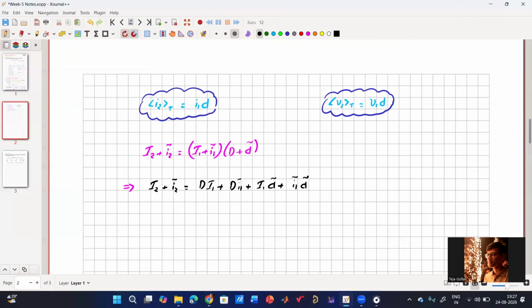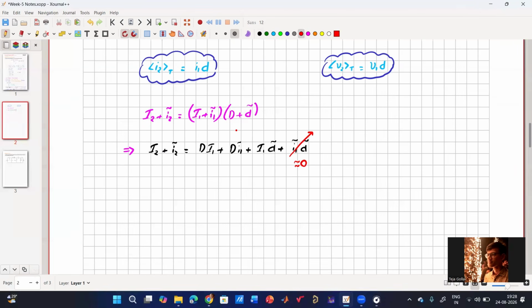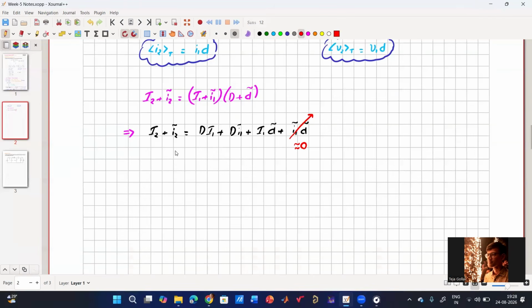Tilde is a small term, a very small perturbation. If I'm multiplying two small terms, it will be much smaller. So this is another approximation that we make: we consider the second order or higher order terms to be 0. As you see, we are making multiple approximations and assumptions, so there will be a consequence. The consequence is bandwidth limitation, but we are doing this for simplicity, so we can get a linear model.